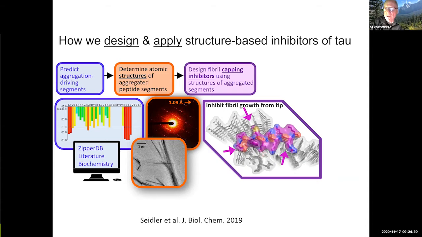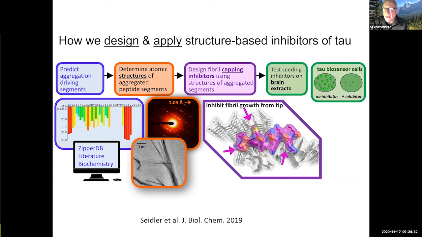And then we test them in vitro, and we use Mark Diamond's biosensor cells. So these are cells that overexpress a fluorescently labeled tau. And what we do is extract fibers from the brain of an Alzheimer's or other tauopathy patient, and then we seed the cells with these extracted tau fibers.